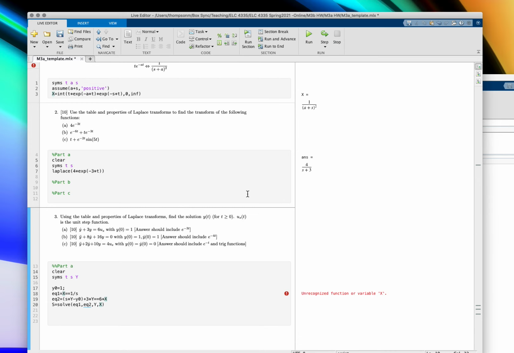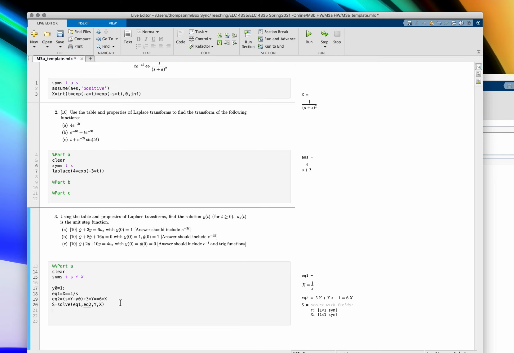So I rerun this, and it's lost the variable capital X, it's expecting that to be a symbolic variable. Okay. All right. So it's good to see the errors so that if these occur for you, you can address them.